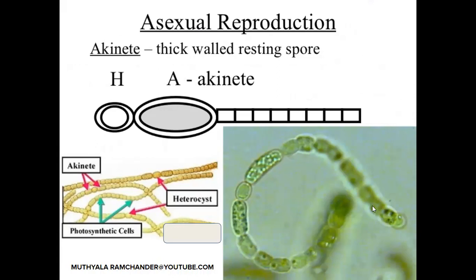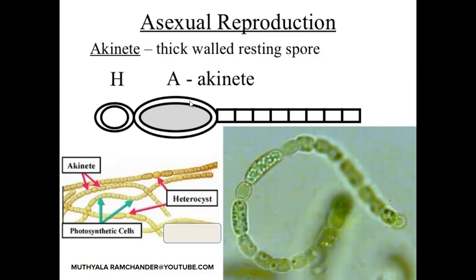During non-favorable conditions, normal vegetative cells enlarge, and the enlarged cells are covered by a thick cell wall. These thick-walled cells are called akinetes. Akinetes act as resting spores. During non-favorable conditions, they protect the inner cytoplasm by the formation of a thick cell wall.